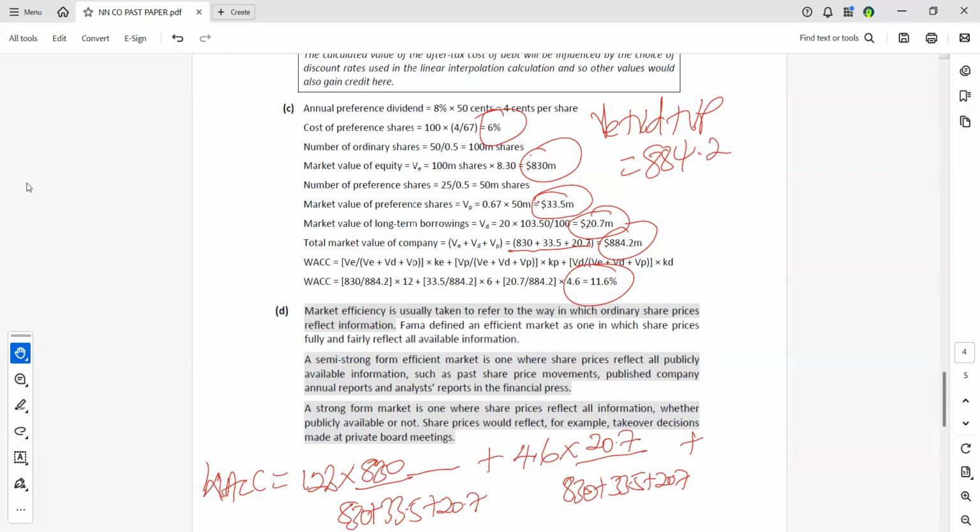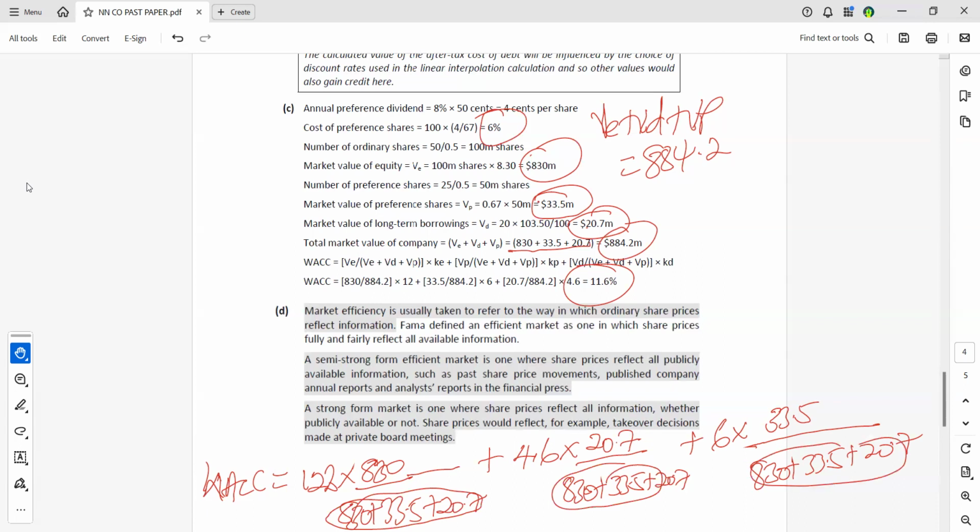We got the cost of preference to be 6, times the value of preference, which is 33.5 all over 830 plus 33.5 plus 20.7. You can go through this illustration, you still get the same answer. But the examiner was just smart to put all this as one figure to avoid worries.